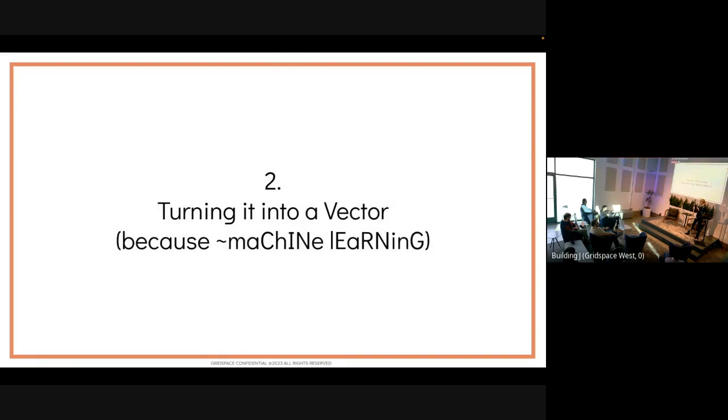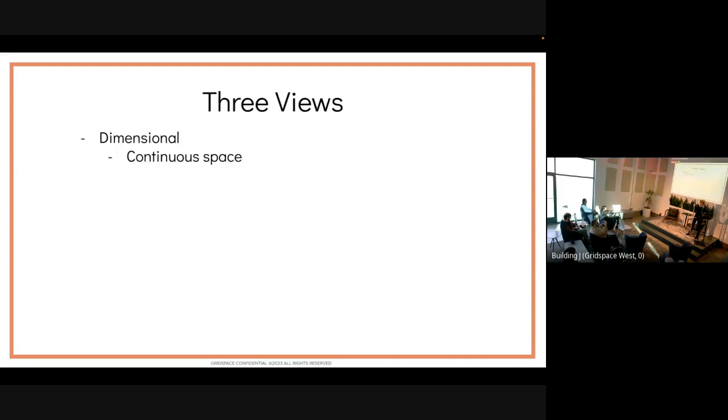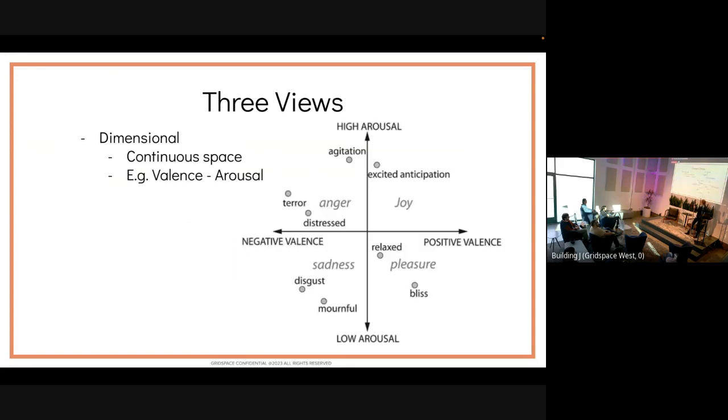So moving from emotion, we are going to turn this very abstract conceptual theory into a vector, because that's all we know how to do. There are three views of this emotion vector. You can have it as dimensional, which is a continuous space, an example being the valence arousal model.